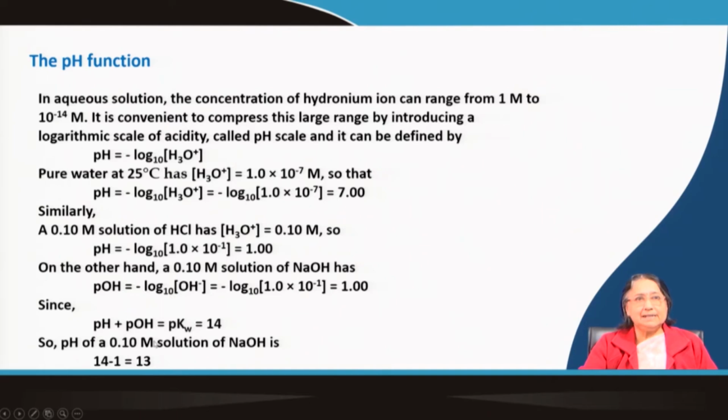Since pH plus pOH is pKw, pH plus pOH is 14. So, we can calculate the pH of this NaOH solution: the pH of a 0.1 molar solution of NaOH is 14 minus 1, that is 13. So, this is the concept of pH and pOH.